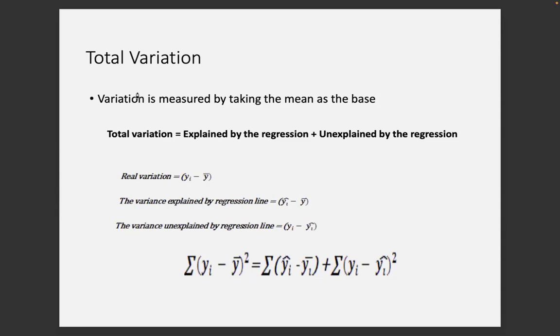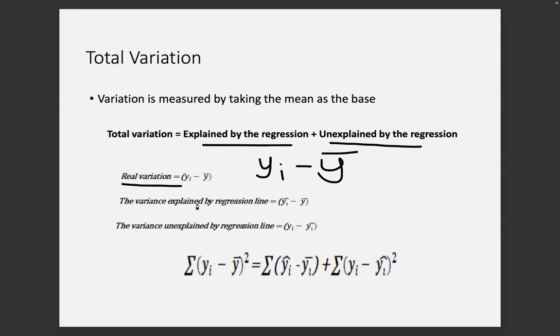The real variation means the actual value minus the mean value, yi minus y bar. yi is the actual raw data, y bar is the mean value. The difference between these two we call the real variation.